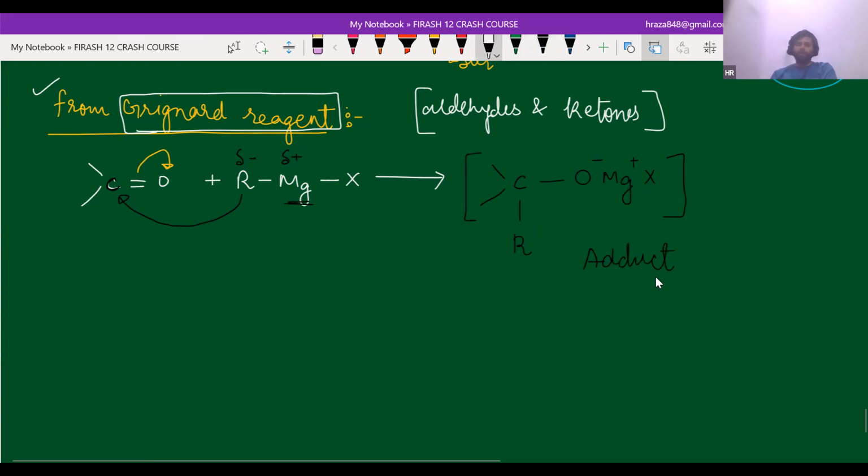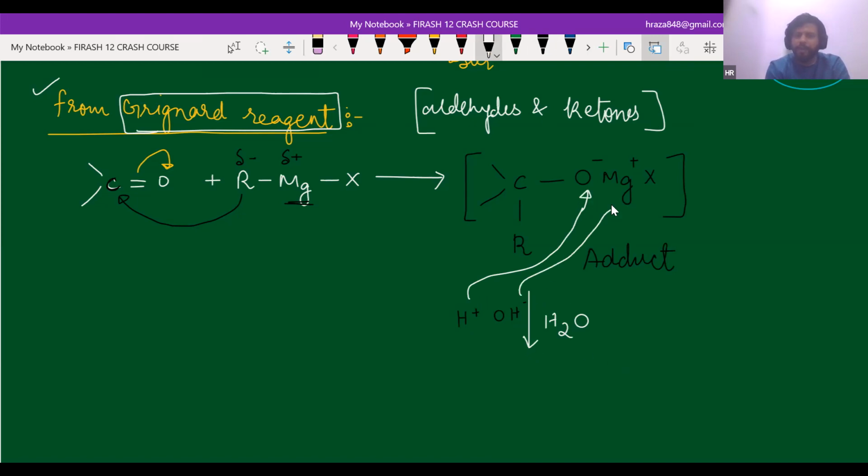So in the first place, you are going to do this. After this, you are going to do the hydrolysis part, that is reacting with H2O. And H2O has two parts, as you know, H plus and OH minus. This H plus is going to attack here, and this OH minus is going with Mg.